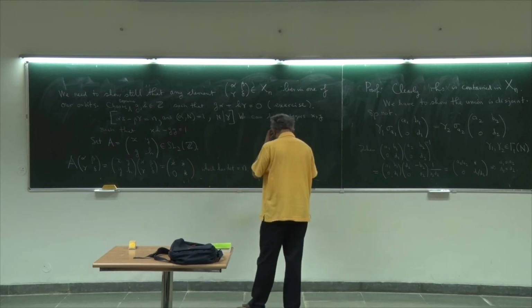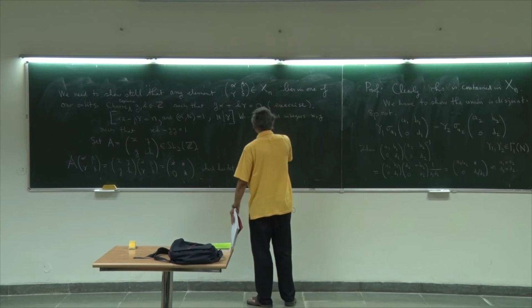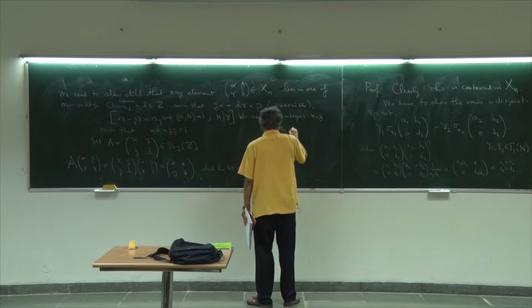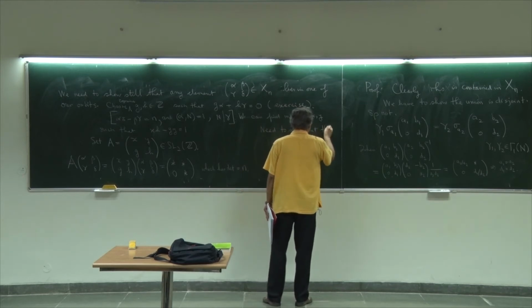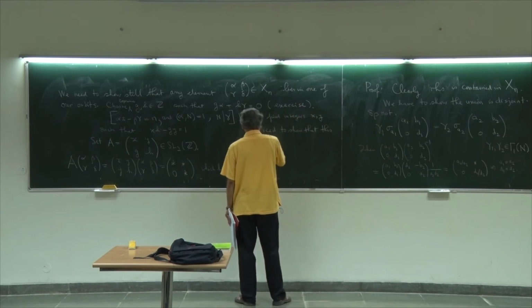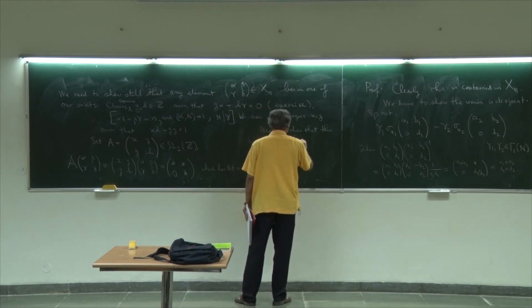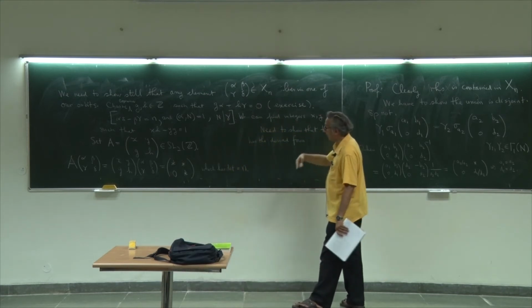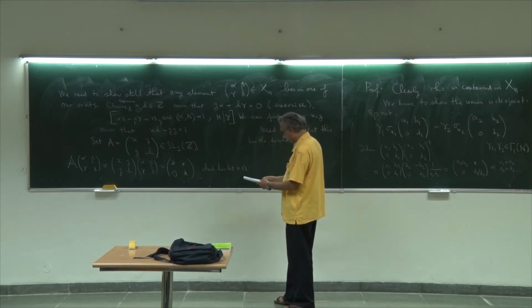And I need to show that this particular matrix has the desired form. What's the desired form? Some element of gamma 1 of n times sigma A times that A B 0 D. So that's all we have to do.